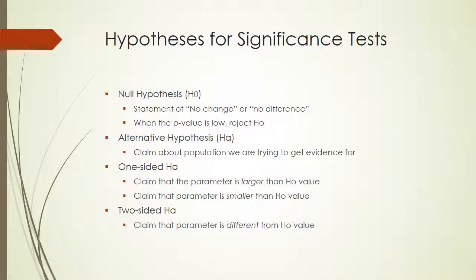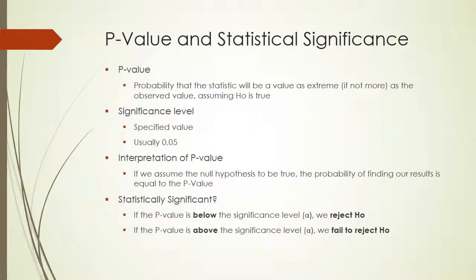And the alternative hypothesis is the claim that you are trying to receive evidence for. And this claim can either be greater than, or less than, or not equal to the null. So you have a one-sided alternative hypothesis, which would be the larger or the smaller, or the two-sided, which is different than the null.